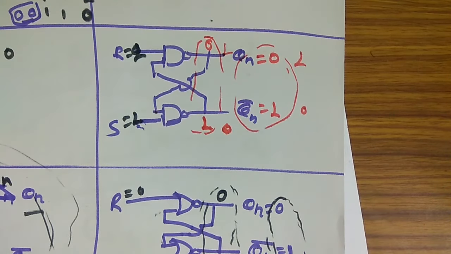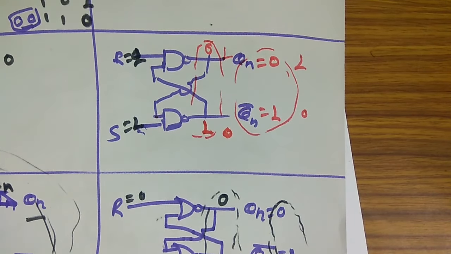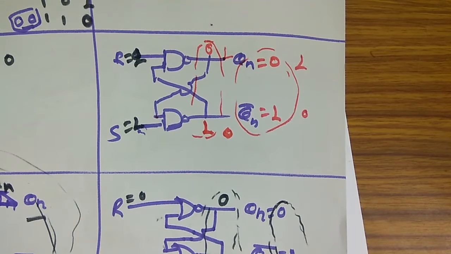So we have done this thing in both the SR NOR latch and the SR NAND latch. So what is the difference between both? At the start I said that the disadvantage is that we don't have the same truth table for both. So we need to look at the circuitry, according to which the output changes.